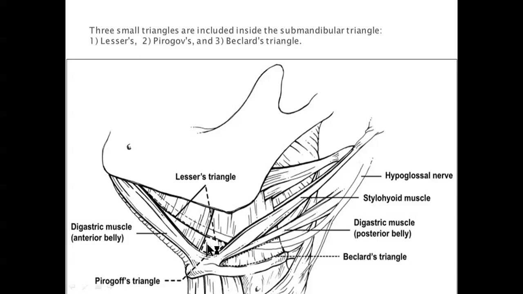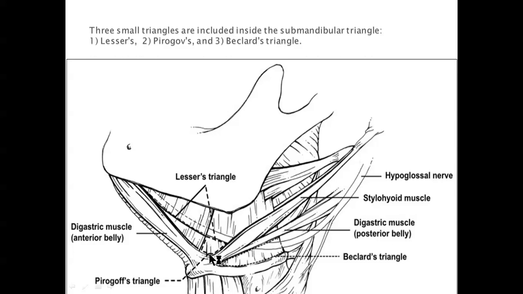Then we have Pirogov's triangle. This triangle is basically a continuation of the lesser triangle, as we can see. Its boundaries would be your hypoglossal nerve, your posterior belly of the digastric muscle, and your intermediate tendon. So Pirogov's triangle is just a continuation of your lesser triangle.